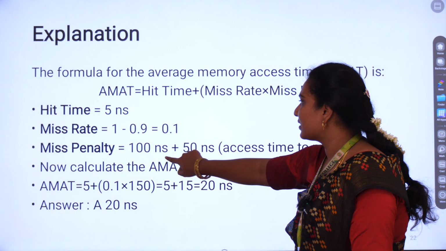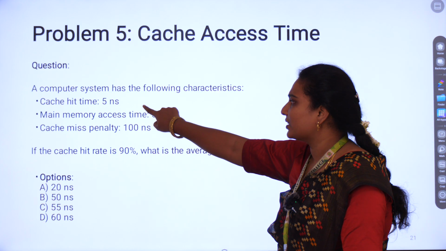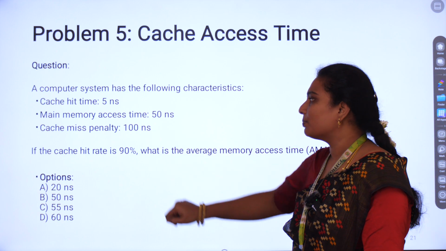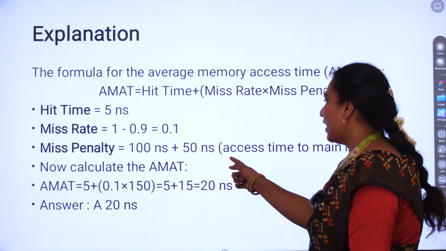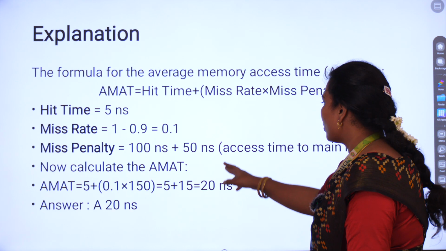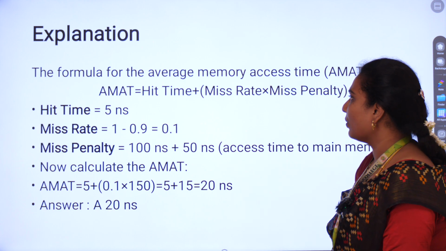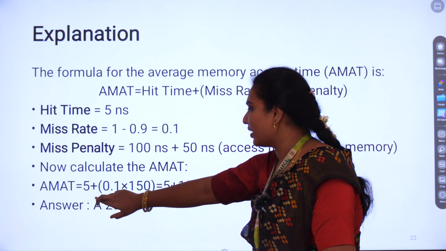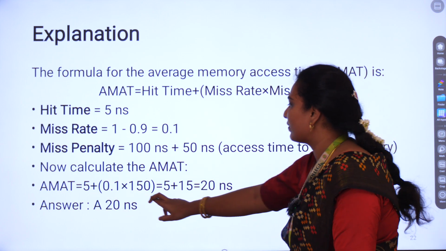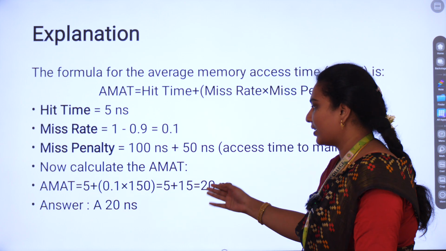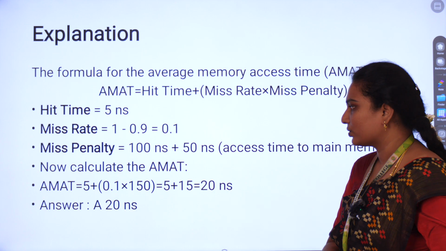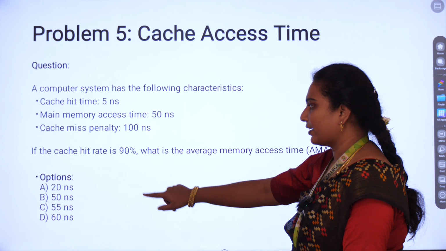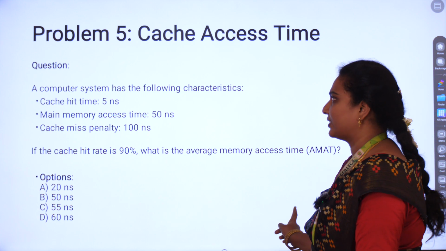We are adding this 150 nanoseconds, that is the main memory access time, and the cache miss penalty is added, and the value is considered here. So this is considered as the access time to main memory. Adding all these values into the components, we finally evaluate it as 20 nanoseconds. Yes, option A, 20 nanoseconds, is the answer for this question.